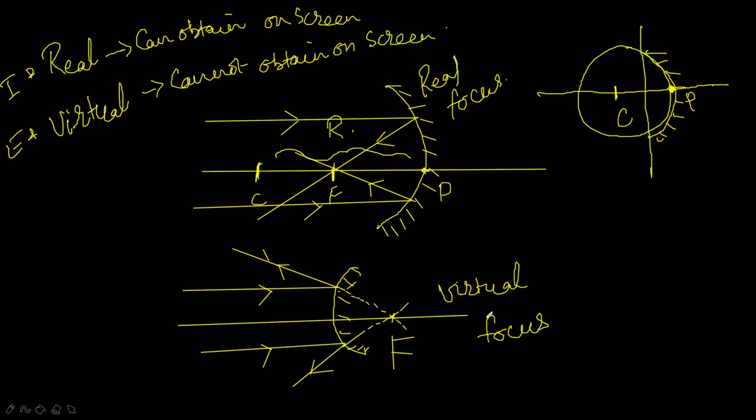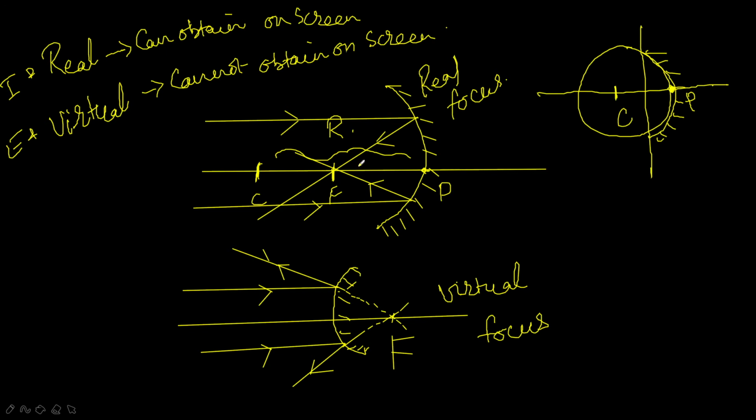That's why we say convex mirror has a virtual focus and concave mirror has a real focus. So what is a real image? A real image is formed when two or more reflected rays intersect at a point in front of the mirror.